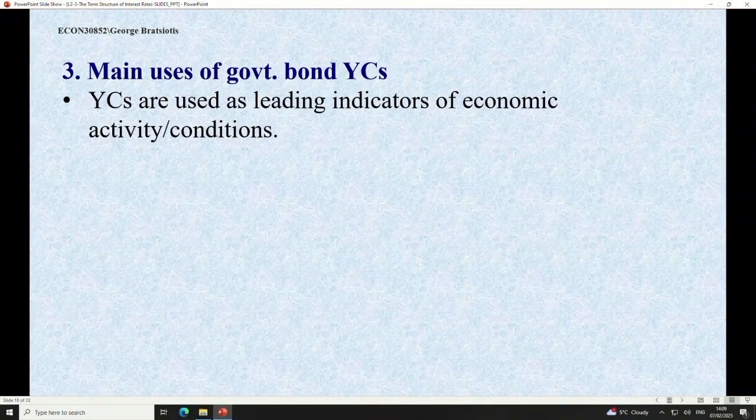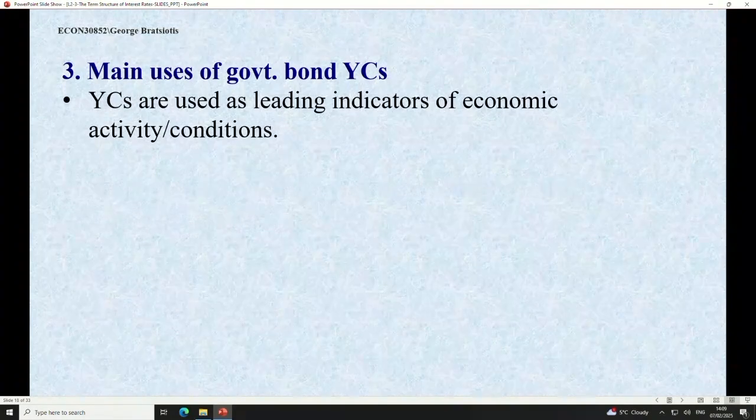In fact, yields, for those who are doing econometrics, have been used as leading indicators in GMM models, as instrumental variables in other models, because they can be used as leading indicators.